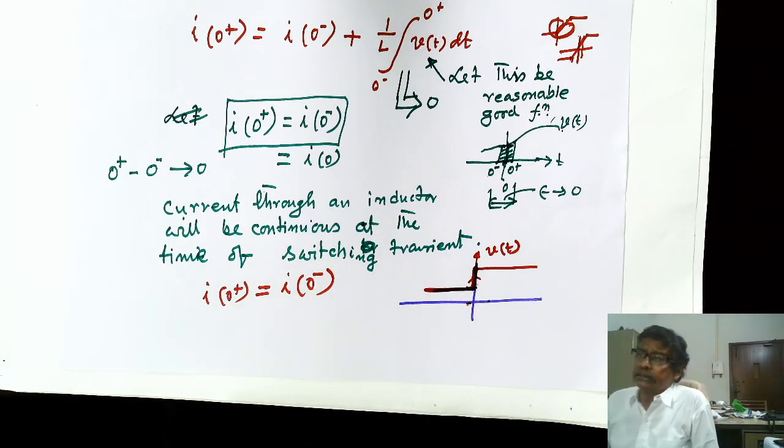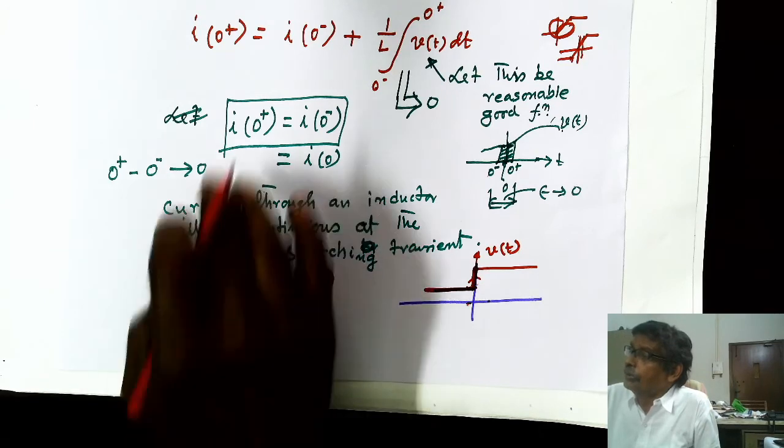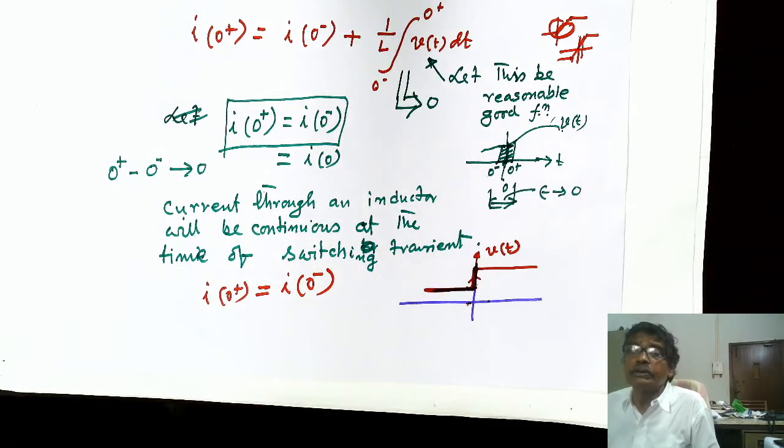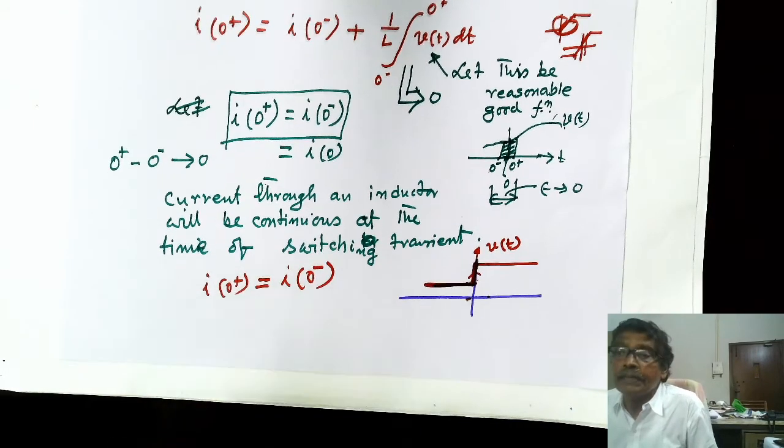Therefore, with a finite number of discontinuities in your supply voltage waveform, this will also hold true, I0 plus equals I0 minus. Your Vt need not always be a continuous function. It may be a square pulse as well. But still you can apply this rule.